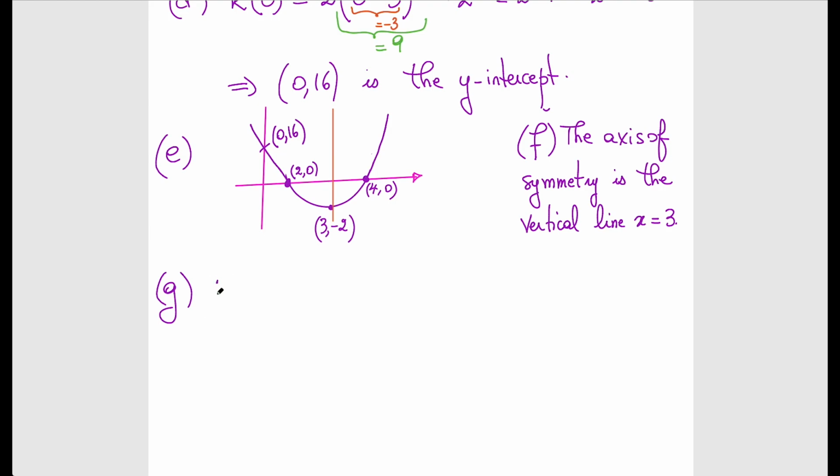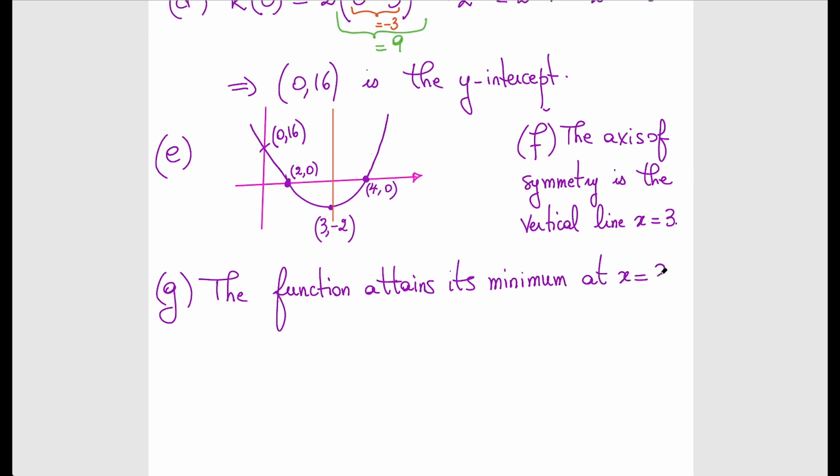Correct? So the function attains its minimum at x equals 3, and that minimum value is k of 3, which is -2.